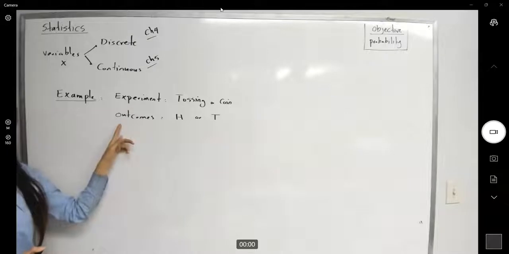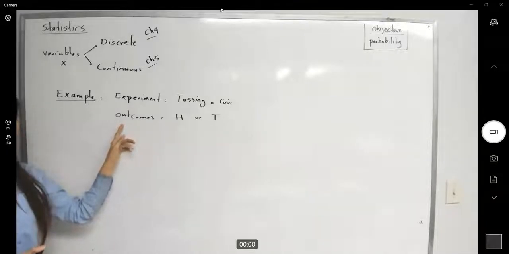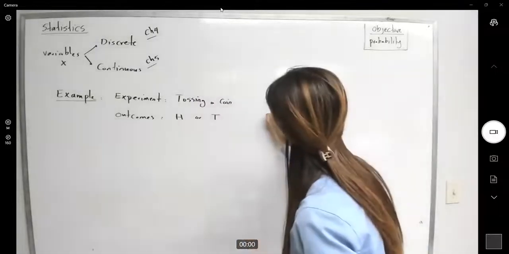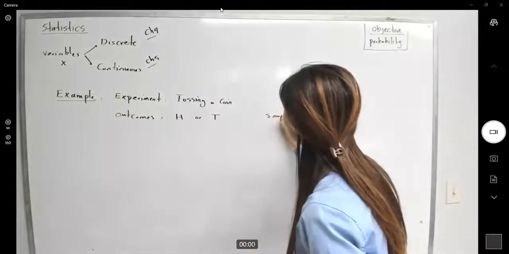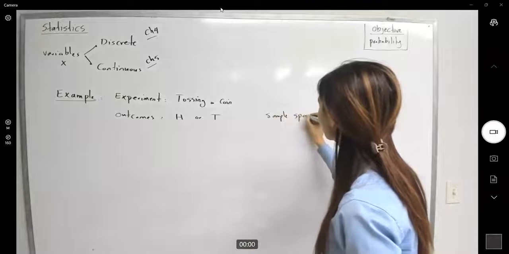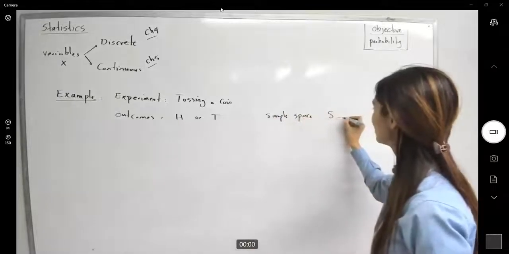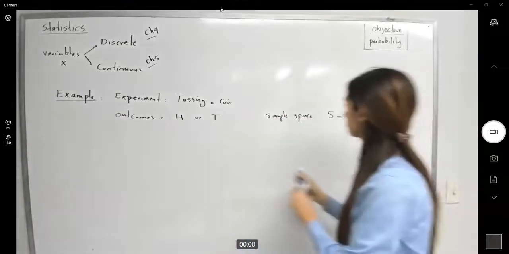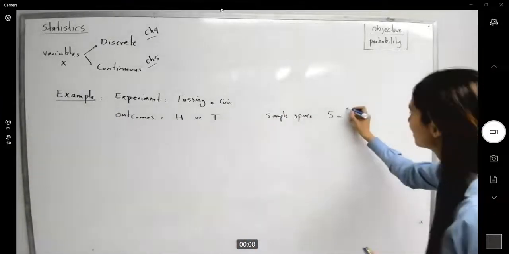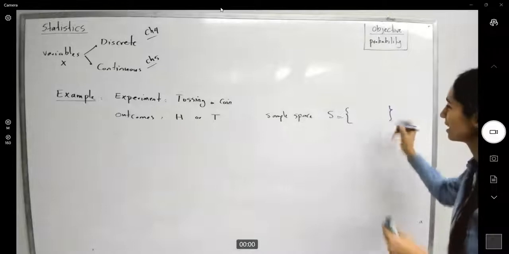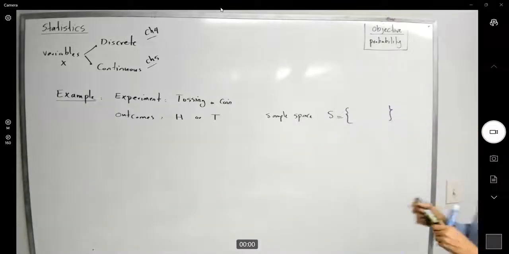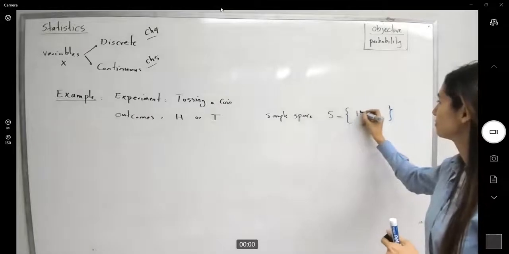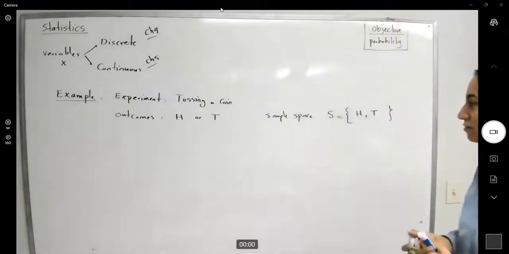The set of all outcomes is denoted by sample space S, and we usually use brackets to represent all outcomes: head, comma, tail.